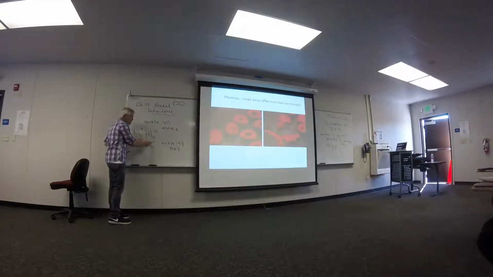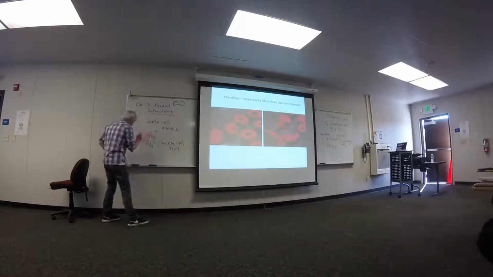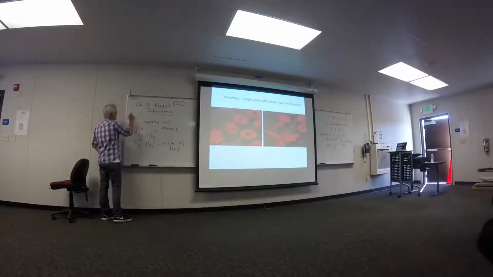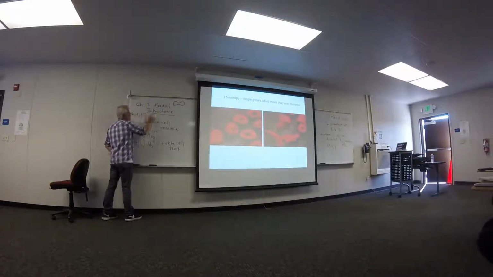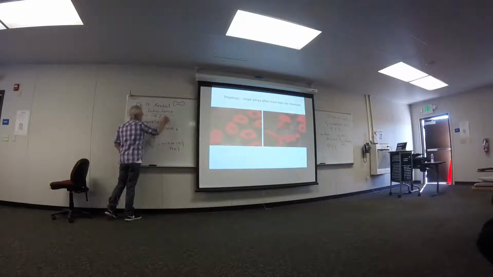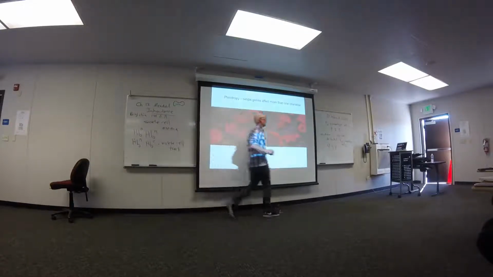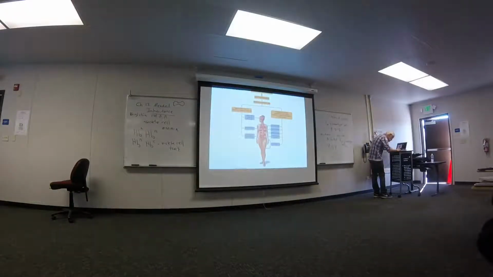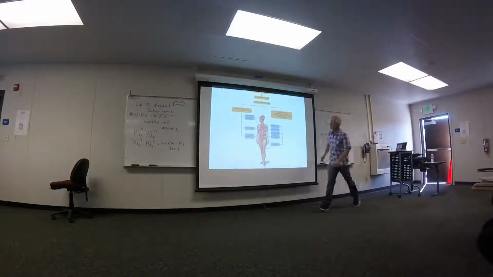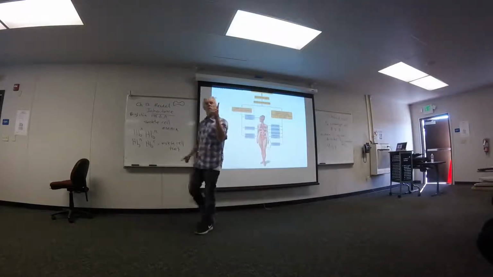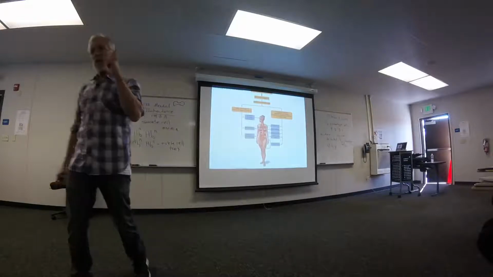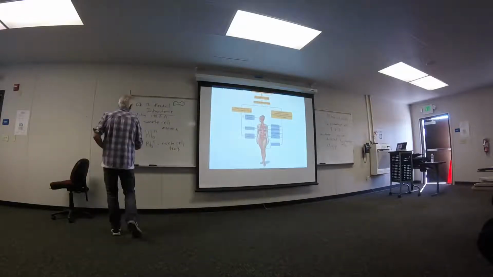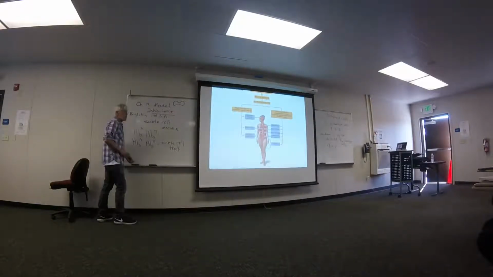For the sickle cell trait, I believe the beta globin protein is 146 amino acids long, and a position number, is it 6 or 8? Let me look at my note here. Position 6. At position 6, there's one SNP, one amino acid change. A glutamic acid is replaced by a valine.